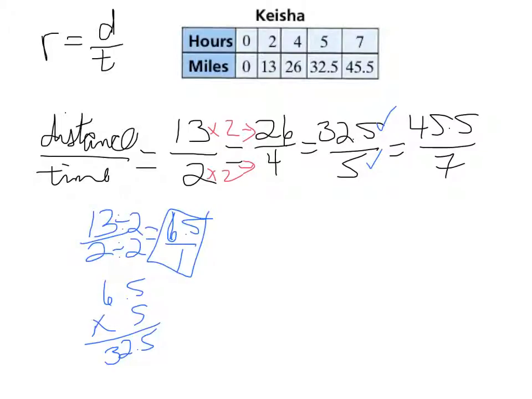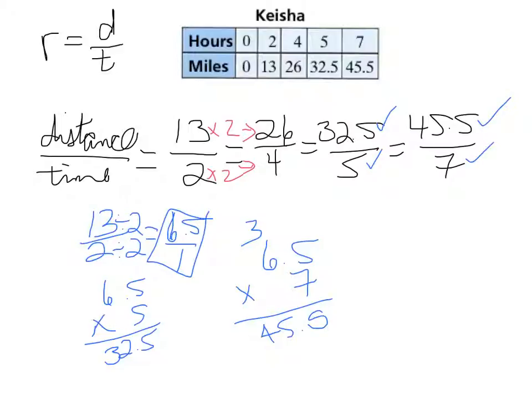We're going to see if we take our unit rate of 6.5 and multiply it by 7, do we get 45.5? 5 times 7 is 35, carry the 3. 6 times 7 is 42, plus 3, 45. Put in your decimal point, so yes, that one works too.